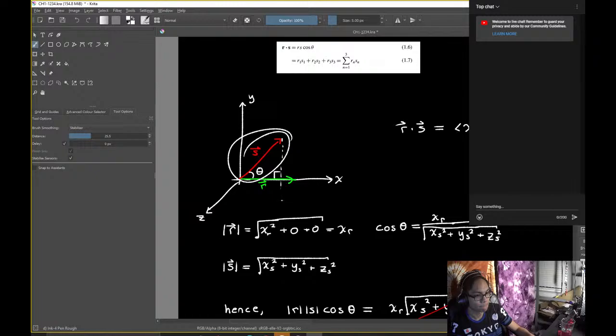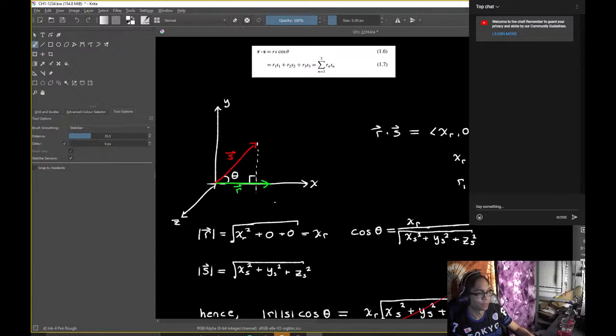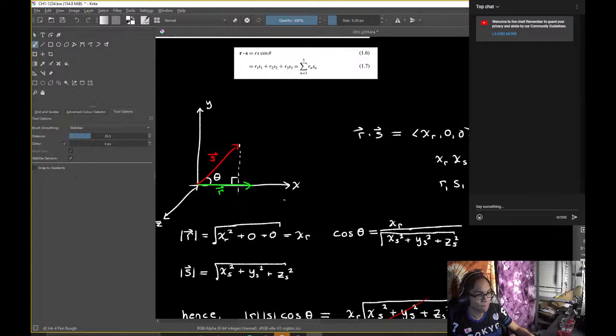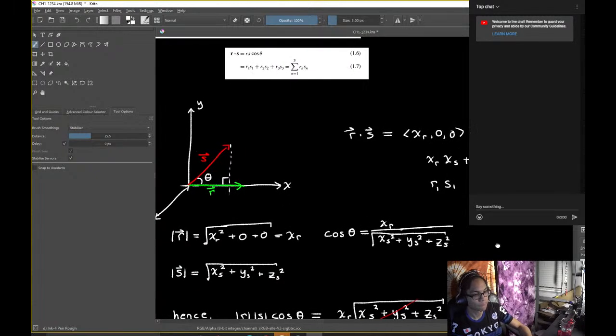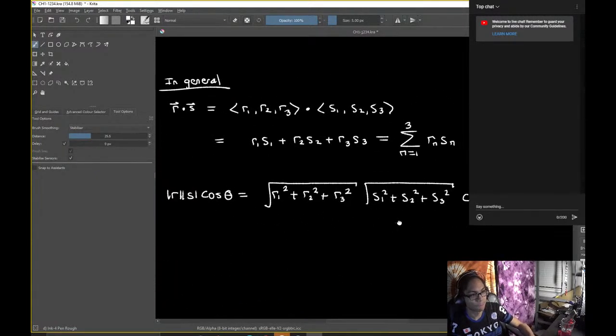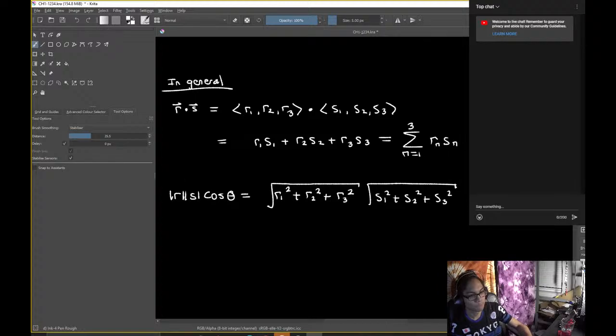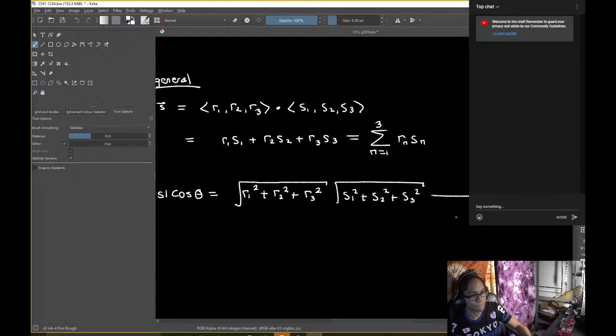Is it actually adjacent over hypotenuse? Yeah, it is adjacent over hypotenuse. Okay, that's good. Then cosine theta is adjacent over hypotenuse.